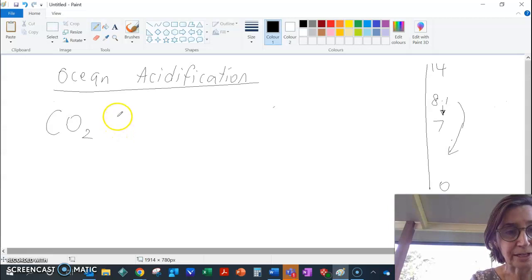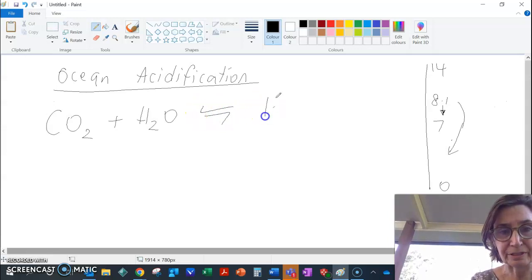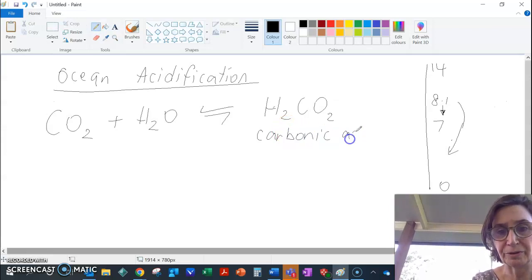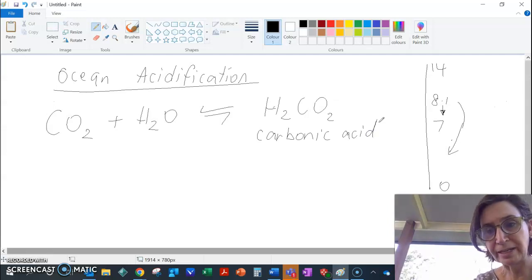So the carbon dioxide is dissolving in water, and it's forming a substance called carbonic acid. All right, so you don't need to know these formulae if you're uncomfortable with them, but for myself, I think learning these equations helps me to understand it better.